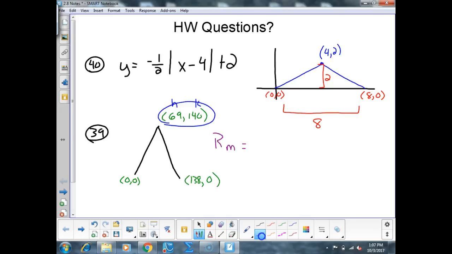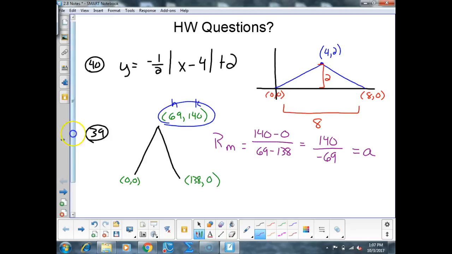And then the only other thing is that I need to find the slope of my right side. And that's going to be 140 minus 0 over 69 minus 138. So that's going to be 140 over negative 69. And I can leave it like that. Okay? And that's important because that is my A value.